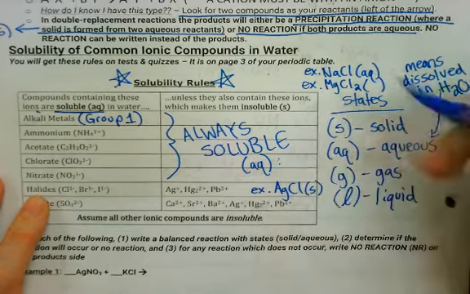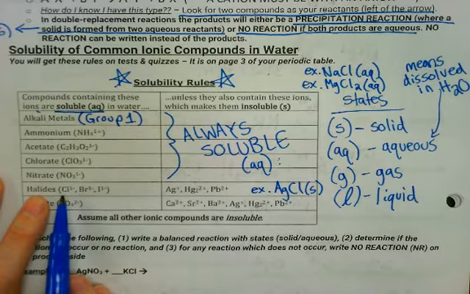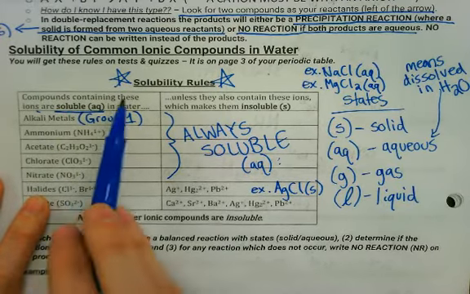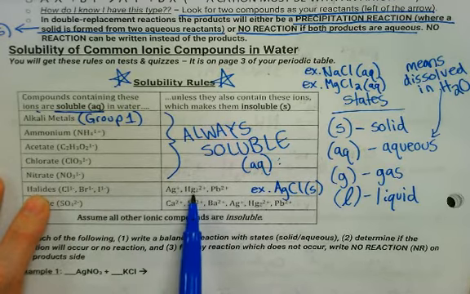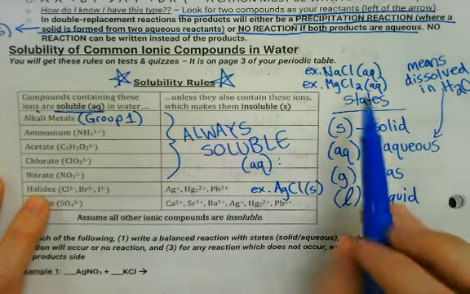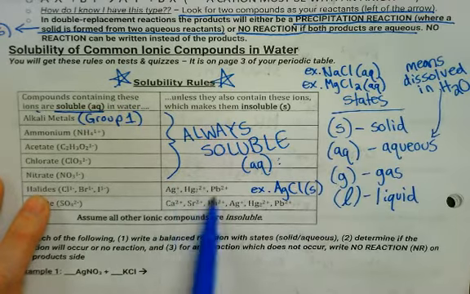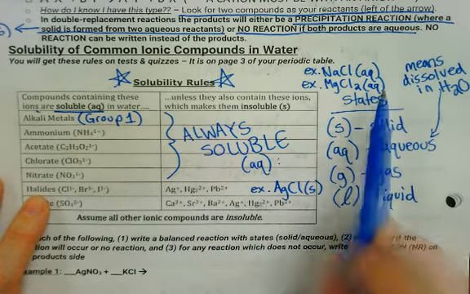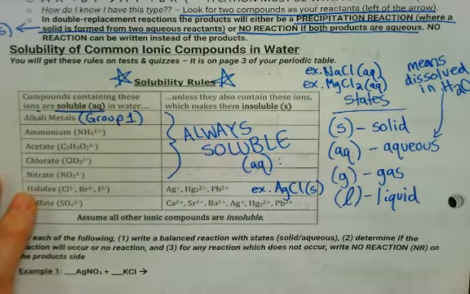This is also going to be aqueous if it's in water, because chlorine is one of our ions that is soluble in water, as long as we are not partnered with silver, mercury, or lead. So over here I see that my chlorine is partnered with magnesium. Since magnesium is not one of my exceptions, we get to say that magnesium chloride is aqueous. So there are a couple examples of how we would use that solubility chart.